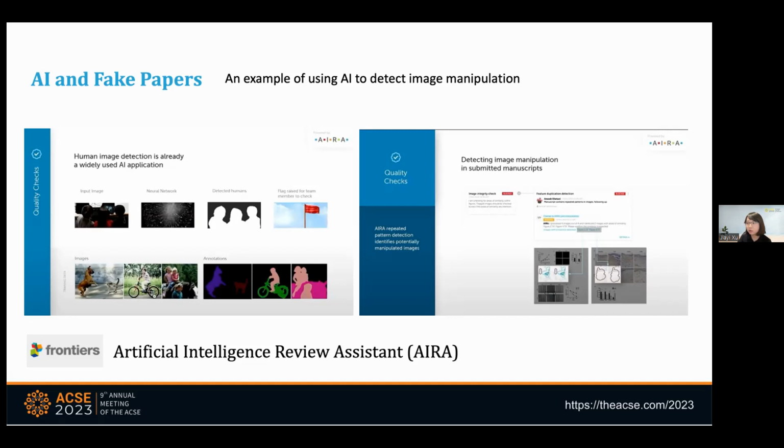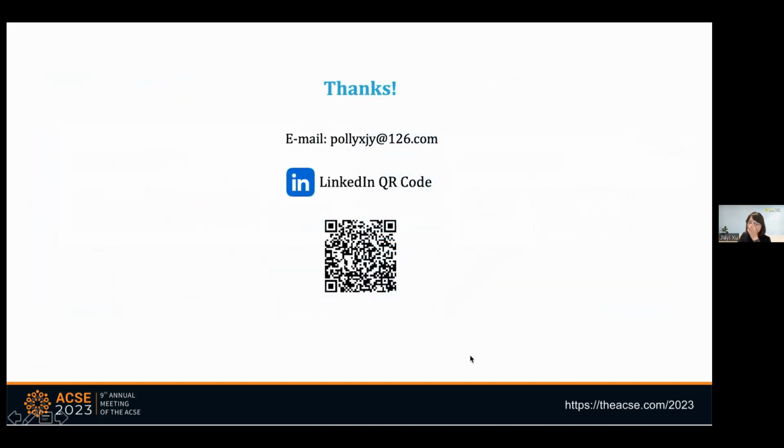This is then captured and used for retraining and continuous improvement. It's this collaboration between machines and humans that achieves high accuracy and efficiency. Like this example shows, AI technology has great potential to promote the peer review process in future. This is all for my presentation today. Thanks for listening.